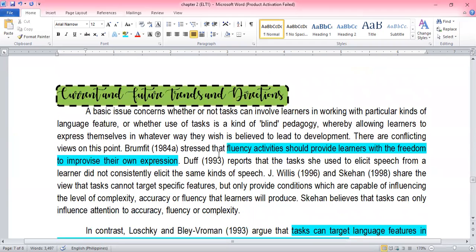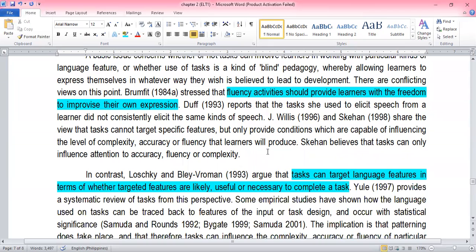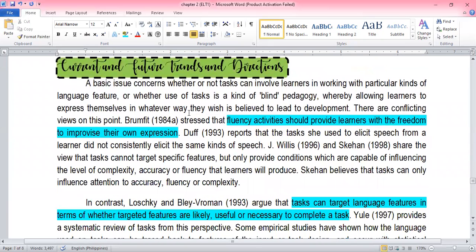Here, we just have to remember these ideas. Fluency activities should provide learners with the freedom to improvise their own expression. That's according to Brumfit, di ba?